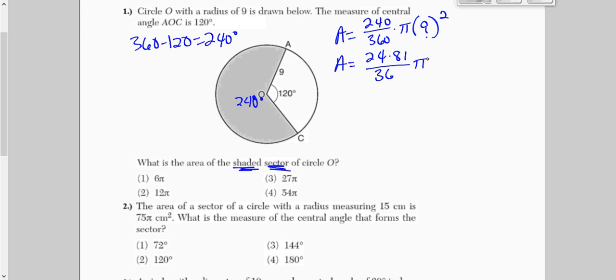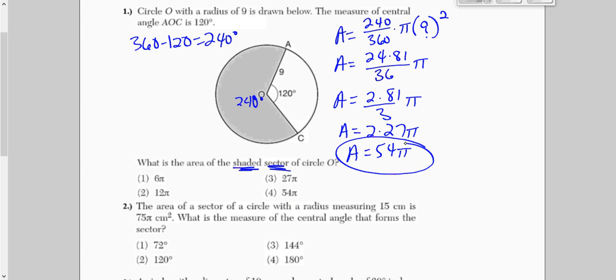So we get 2 times 81 over 3 pi. 81 divided by 3 is 27, so our area equals 2 times 27 pi, which of course is 54 pi. All right, so our answer is 54 pi.